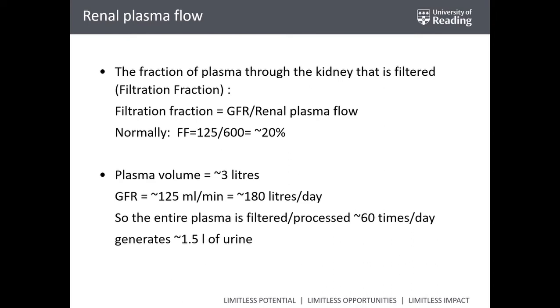The glomerular filtration rate is around 125 milliliters per minute, which means that the glomerular filtration rate is 180 liters per day. So the entire plasma is filtered and processed by the kidneys around 60 times a day, generating 1.5 liters of urine.